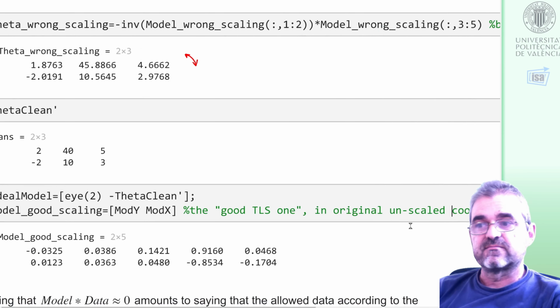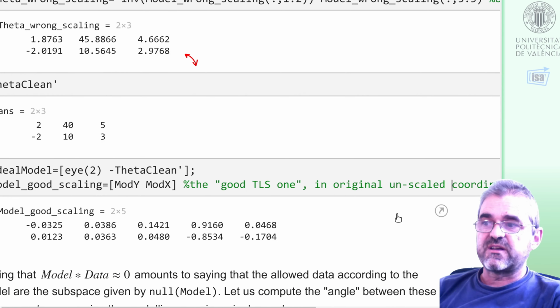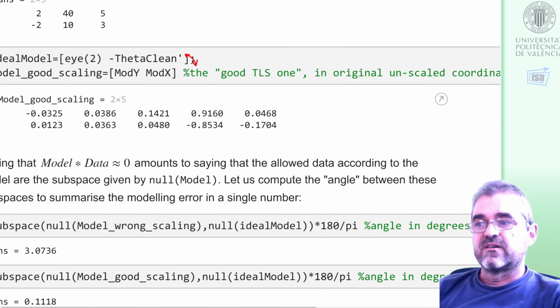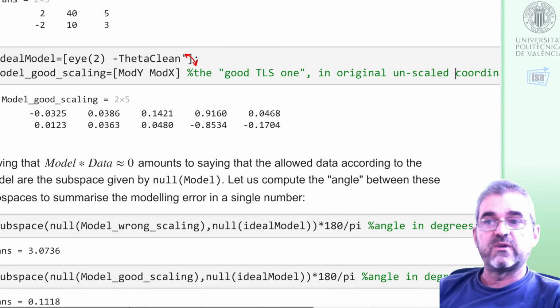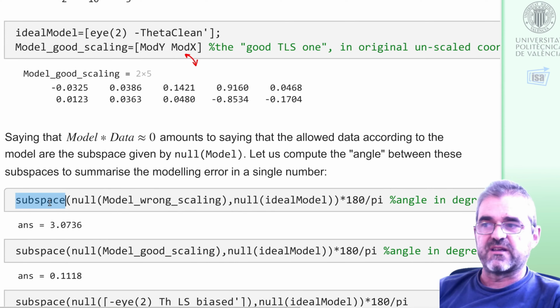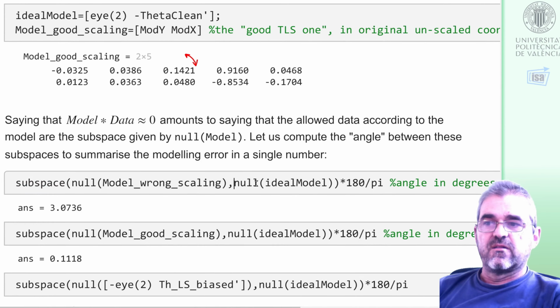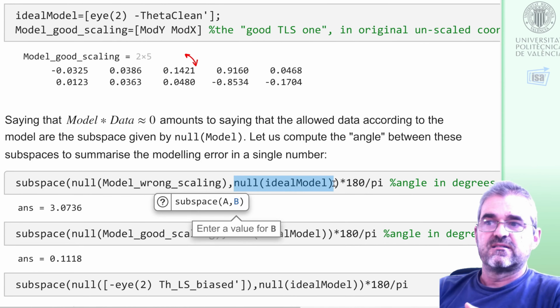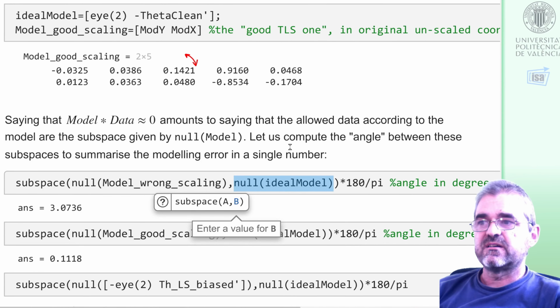So let us see. The angle between subspaces generalizes to this idea of the angle between lines, and that's done by Matlab with the command subspace. So the null space of the ideal model would be the best model we wish to obtain.